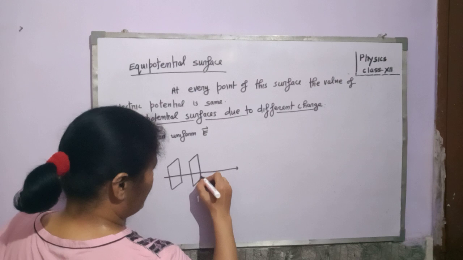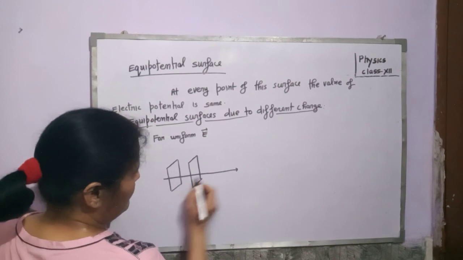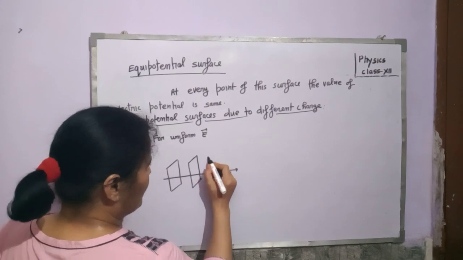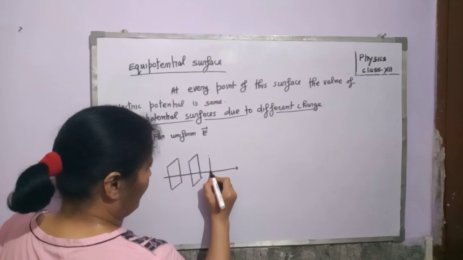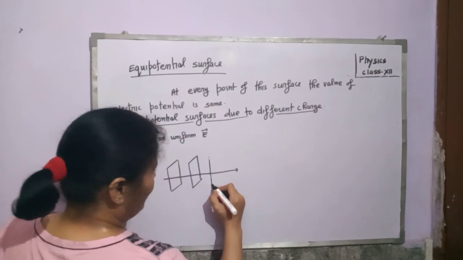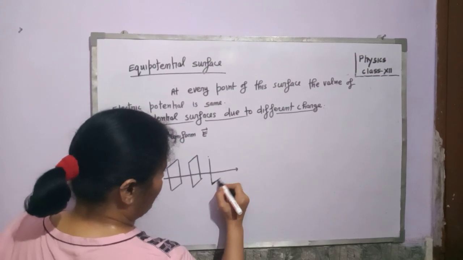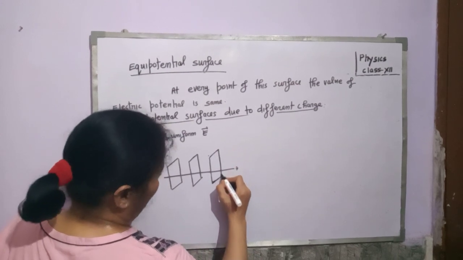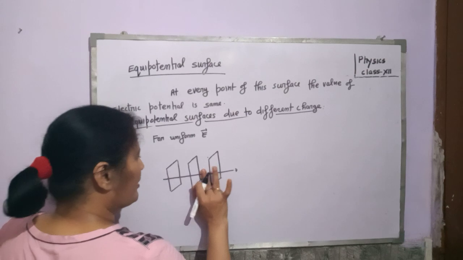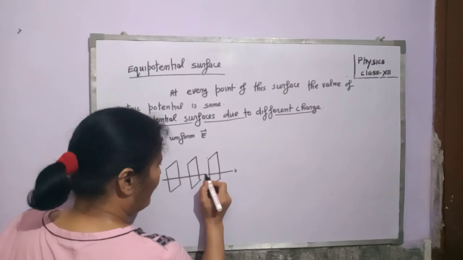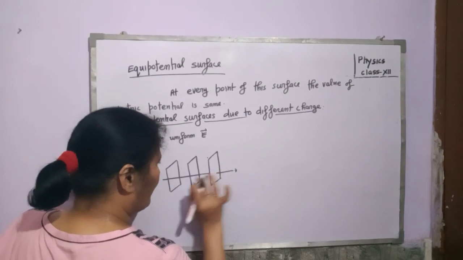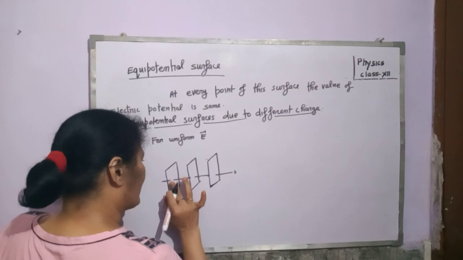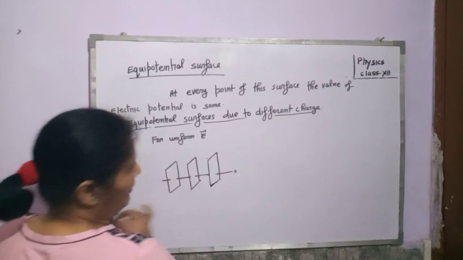For the uniform electric field, the surfaces are equally spaced. This distance, and the third one, all the distances are the same. The distance does not vary between the equipotential surfaces when the electric field is uniform. This is the equipotential surface for the uniform electric field.